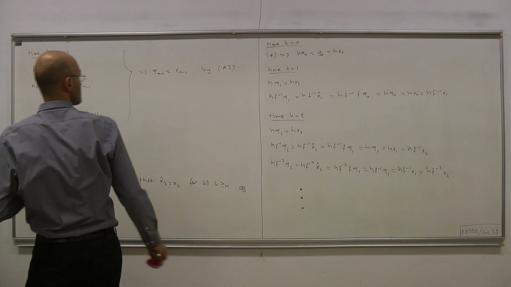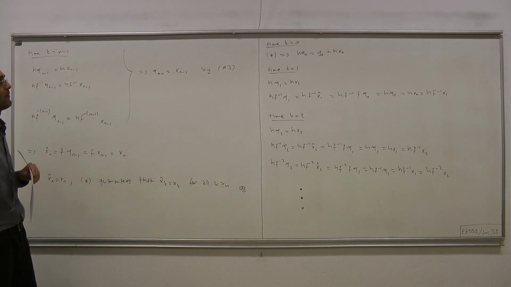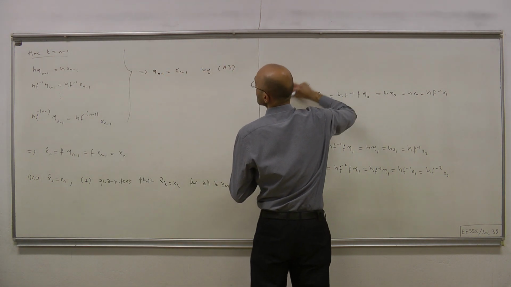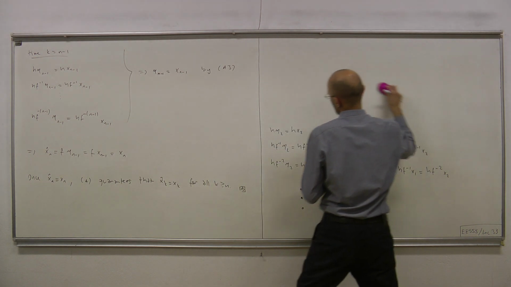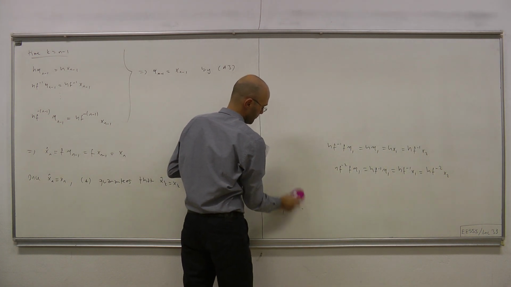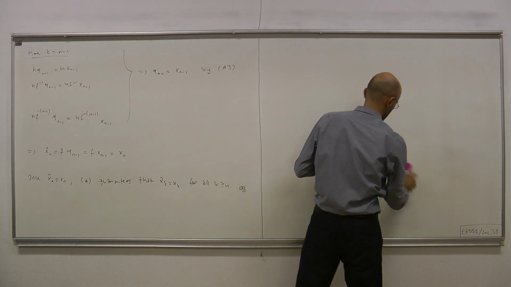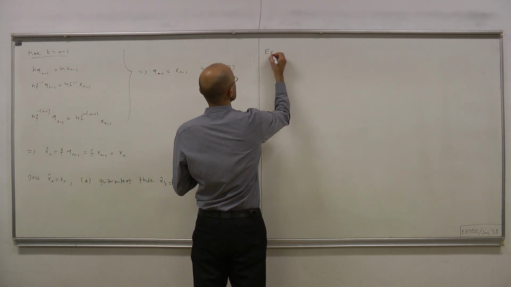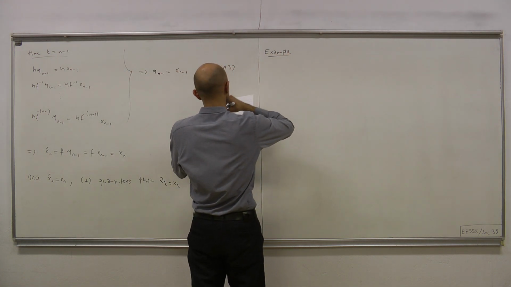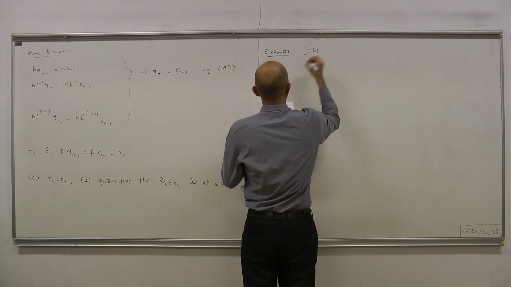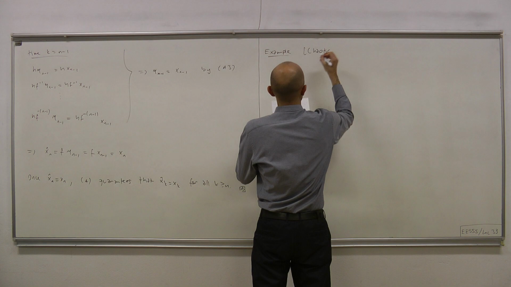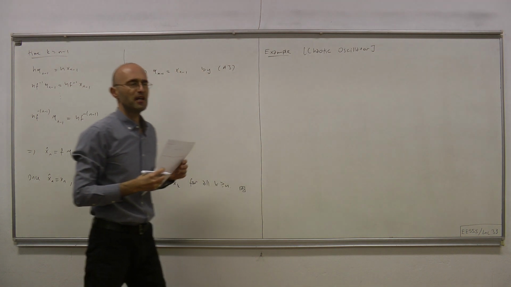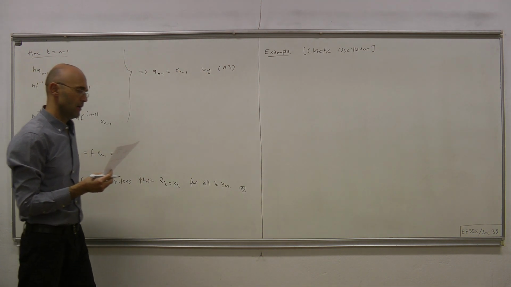Okay, let's apply this observer construction to some numerical example. Discrete time nonlinear model for chaotic oscillator.